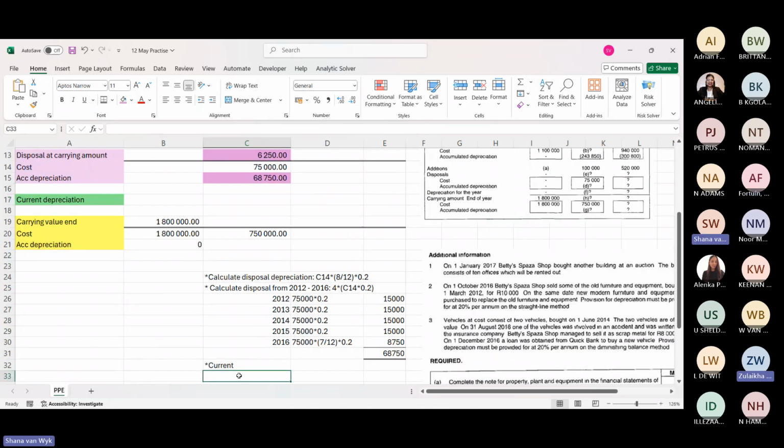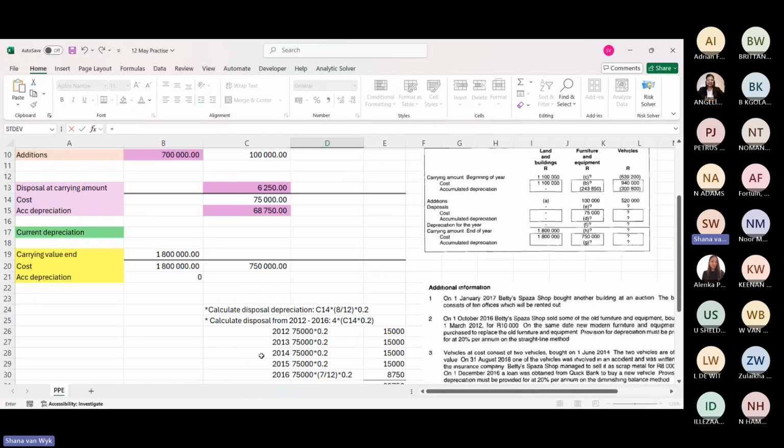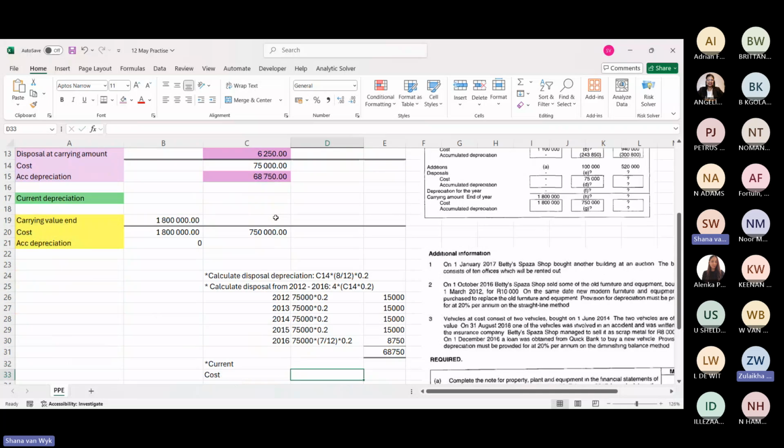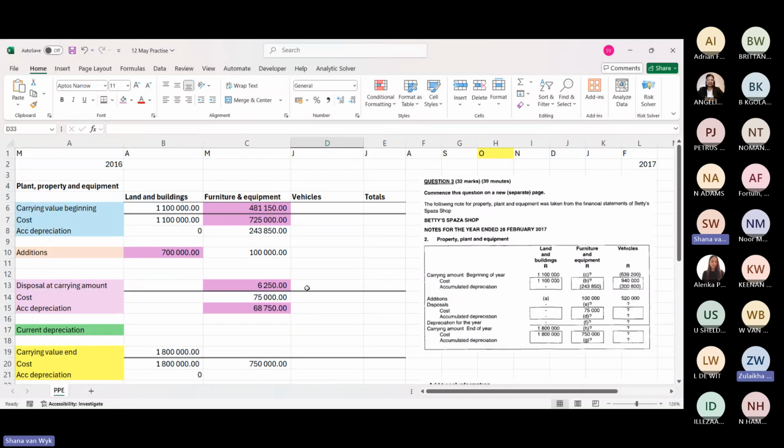We want the current cost. Yes. So what do we have now that's left? If I'm thinking now, we had this initially. That's what we must calculate. The additions we're calculating on its own, because that's new. That's right. It's not current. Okay, so we're going to minus the disposal.